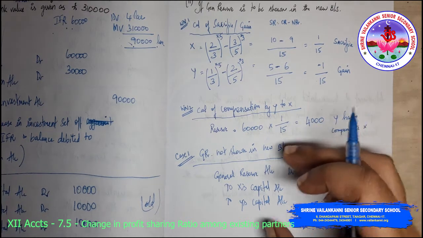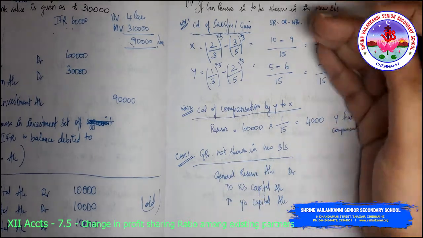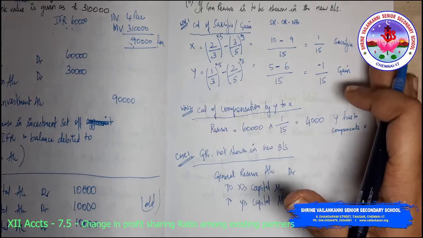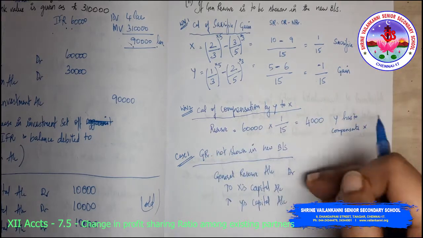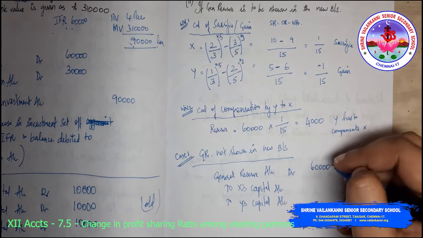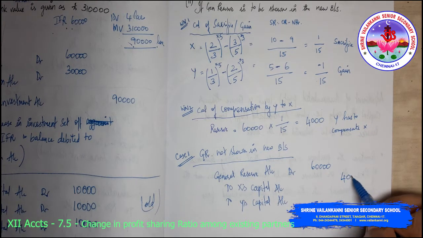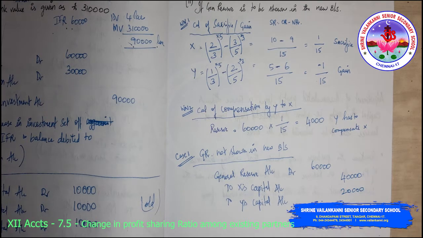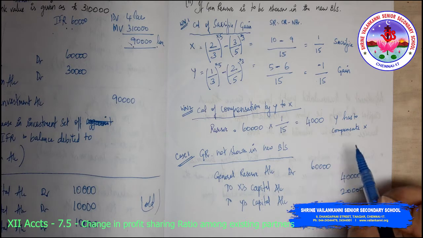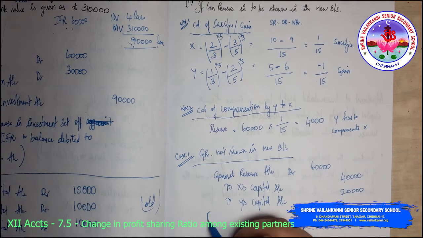So see, it's not shown in the new balance sheet, which means there is no problem of compensation or anything. The general reserve is just segregated, that's it. So 60,000 becomes 40,000 and 20,000. Not shown in the new balance sheet, so I'm just segregating in the old ratio.